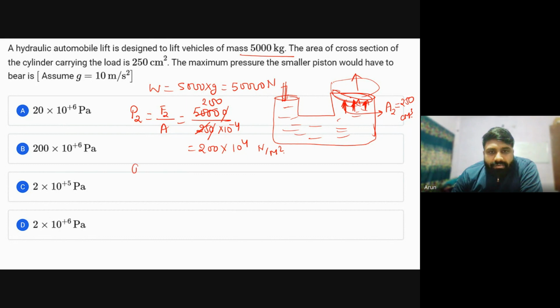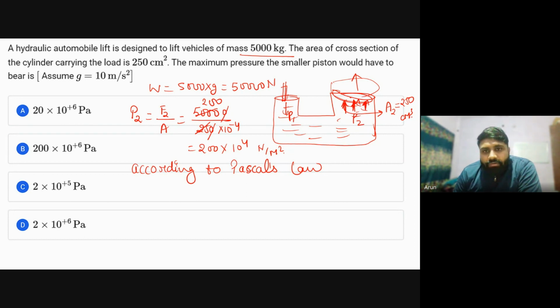Now, according to Pascal's law, the same pressure is here. P1 will be equal to P2, because the same pressure will be transferred. The difference of pressure will be transferred to this end.